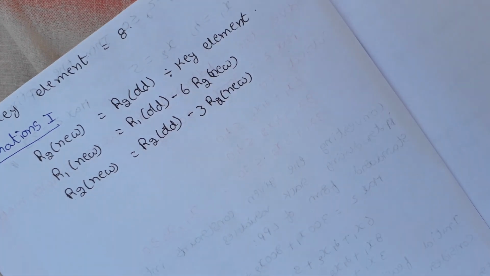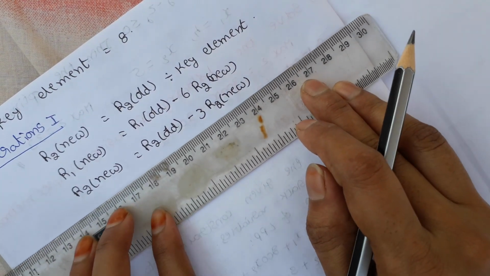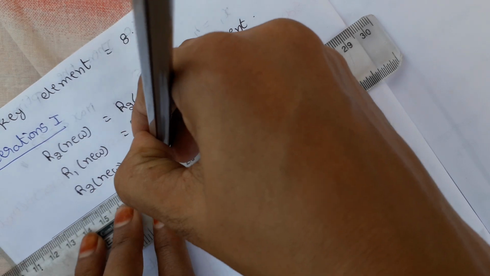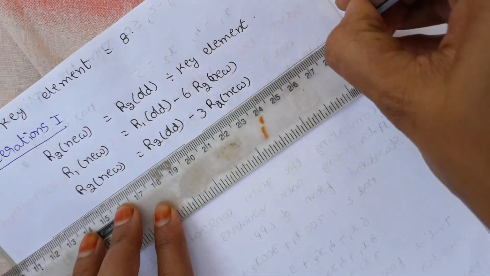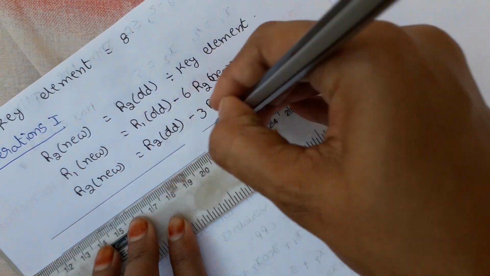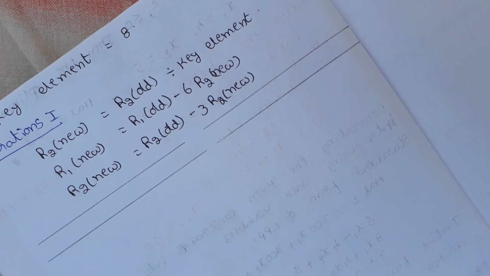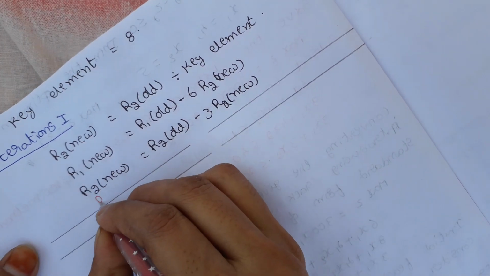Now with respect to this, we will do the calculations. If you are good at calculations, you can directly enter the values without writing all this in tabular form. Otherwise you can do all this.